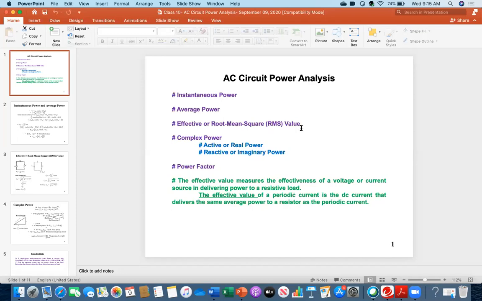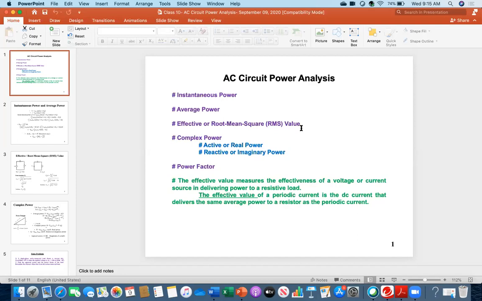You all know that AC has a sinusoidal waveform, sine or cosine. But when we say 120 volts, we do not think about whether it is amplitude or magnitude. We just say 120 volts.